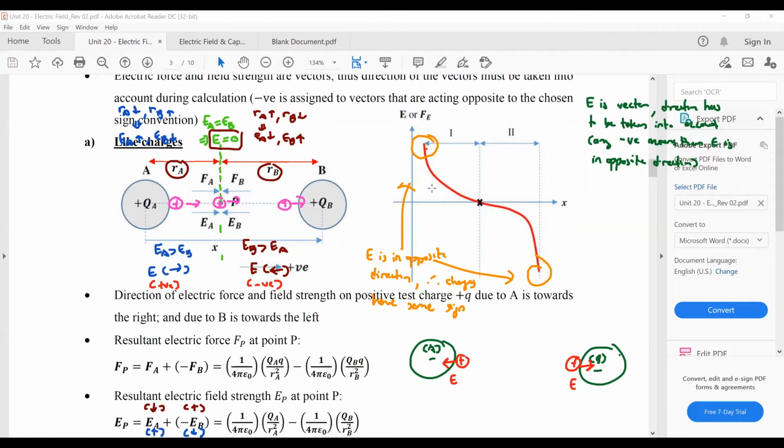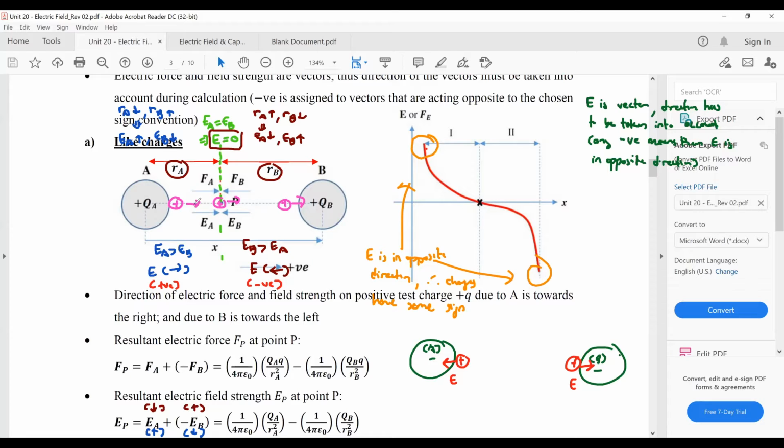So the easy thing would be to look at the graph here. This graph represents the variation of the field strength as well as the electric force when going from the position of sphere A to the position of sphere B. Now, if I look at the electric force, the analysis will be the same.